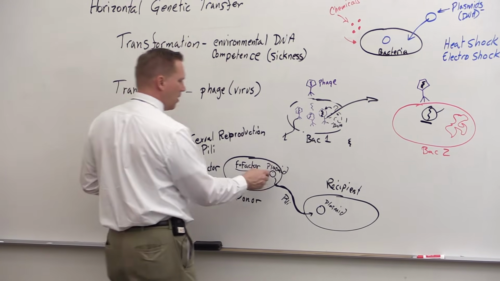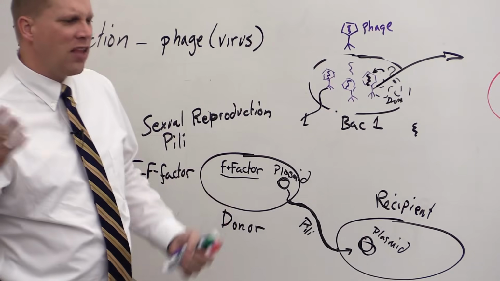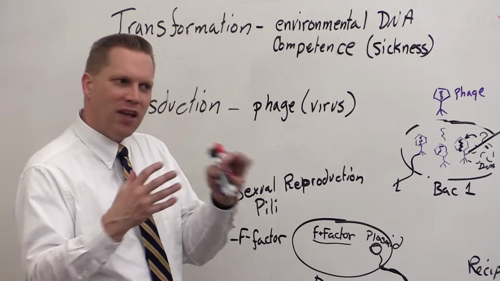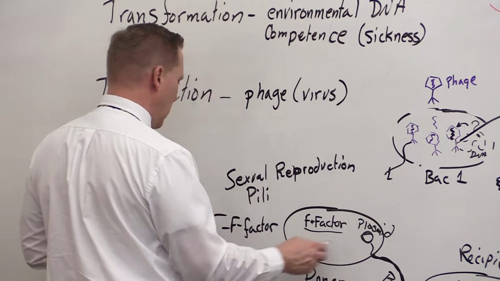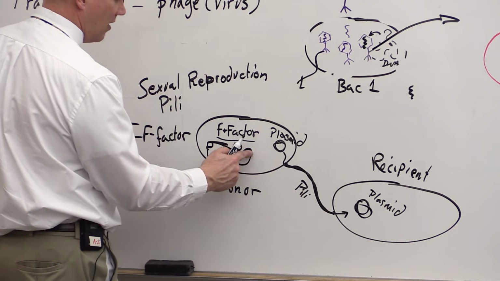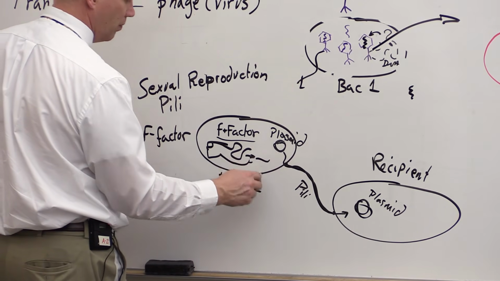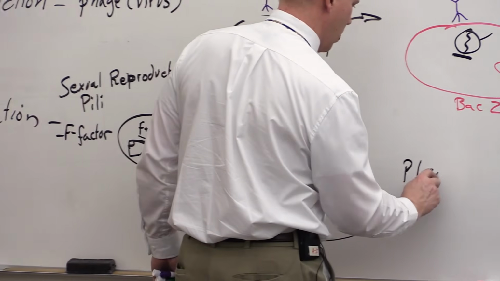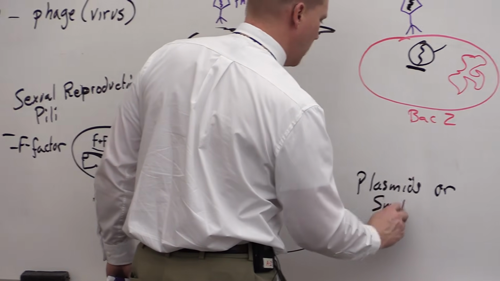One other feature, although we've been talking about the transfer of plasmid DNA, and that's usually what it is because the plasmids are small packaged pieces of DNA that travel easily. You can, in conjugation, take off small pieces of the chromosome. So you have plasmids or small pieces of chromosome.